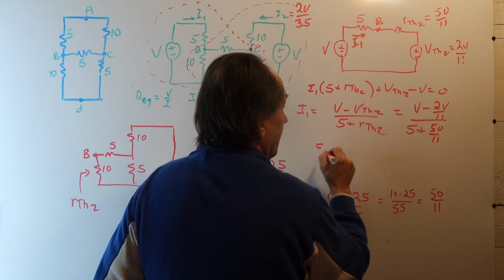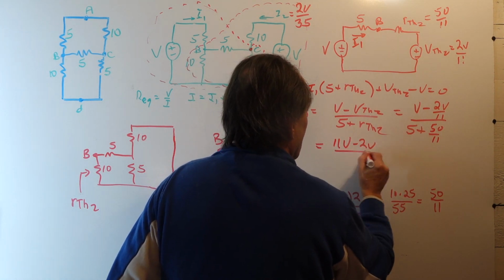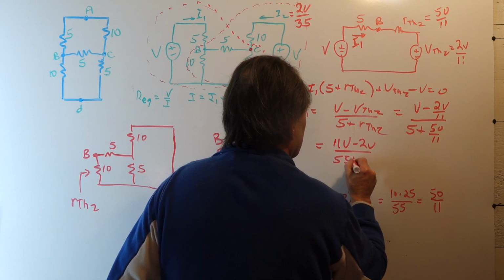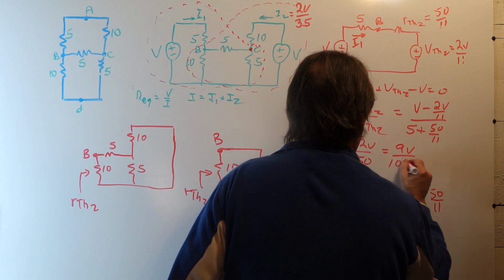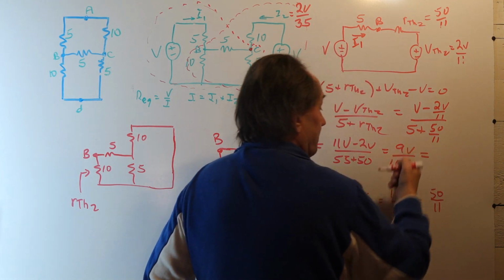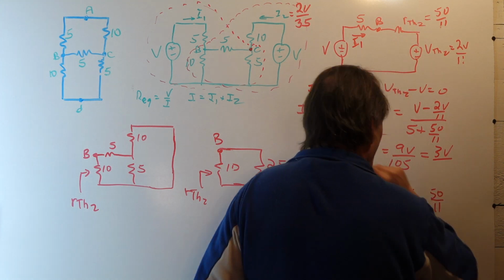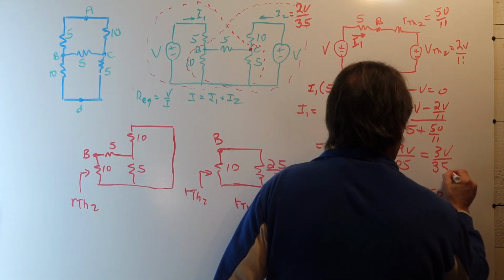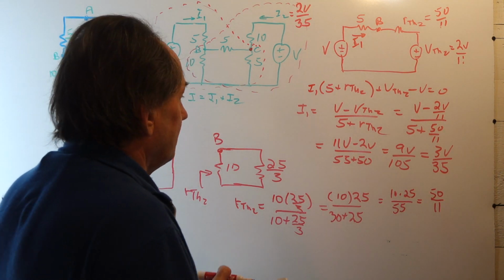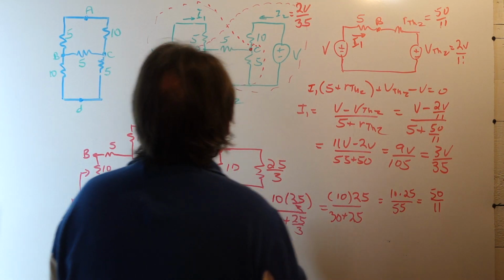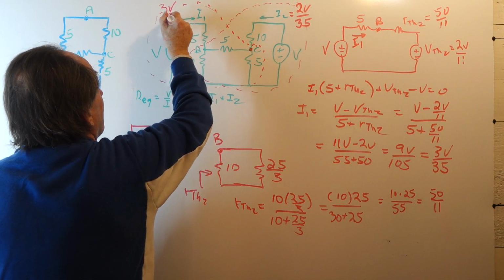Multiplying numerator and denominator by 11, we have 11V minus 2V over 55 plus 50, or 9V over 105. 3 is a common factor, so we have 3V over 35. That's our I1. So I1 is 3V over 35.